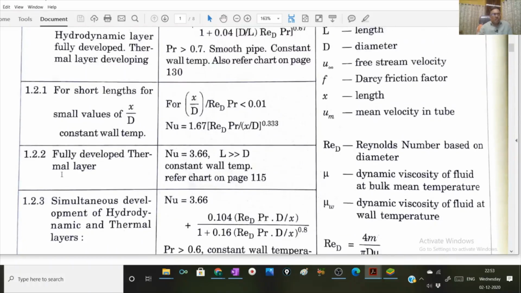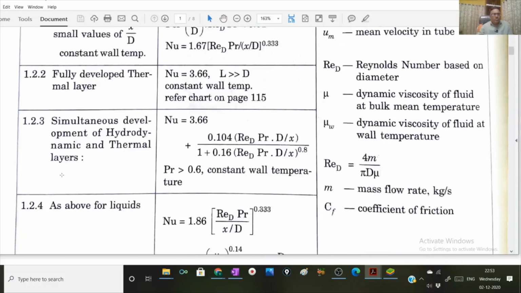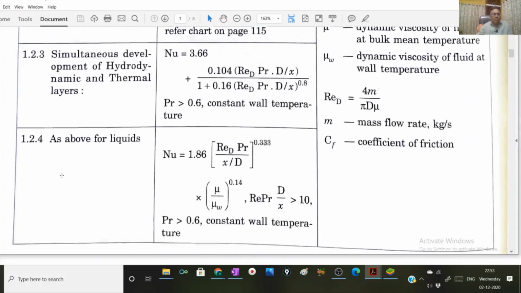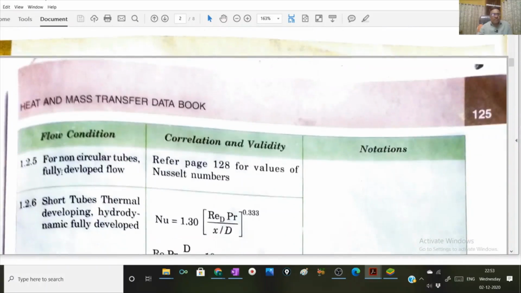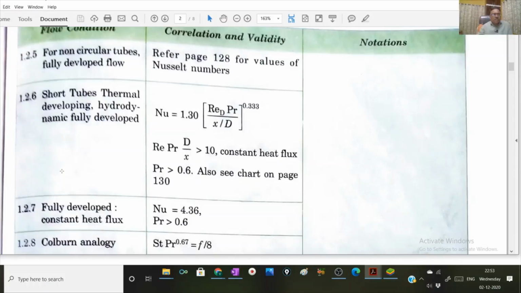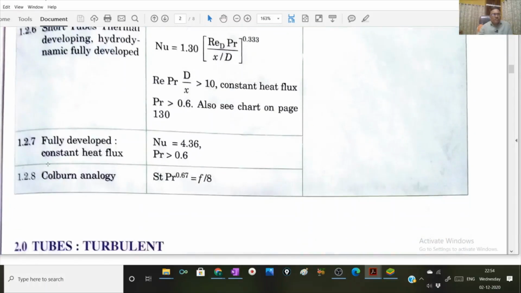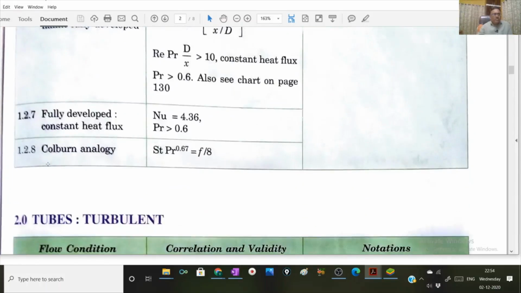So all these equations 1.2.1, 1.2.2, 1.2.3, 1.2.4 are not satisfying our conditions. Similarly 1.2.5, 1.2.6. But 1.2.7 is for laminar flow, fully developed flow and constant heat flux.